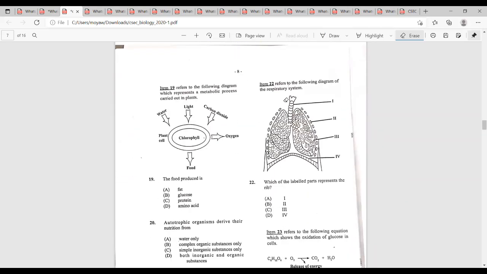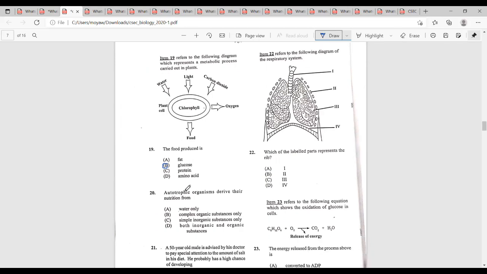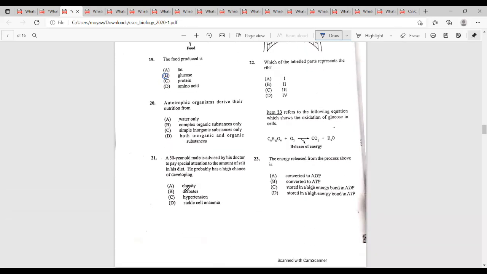Question 19. Items 19 refers to the following diagram, which represents a metabolic process carried out in plants. So this is a repeated question. If you look at the process, you realize that photosynthesis is happening, so the food produced is going to be glucose. 20.